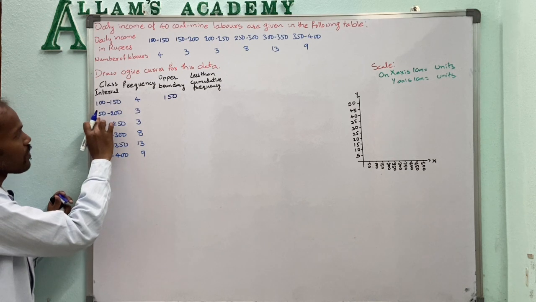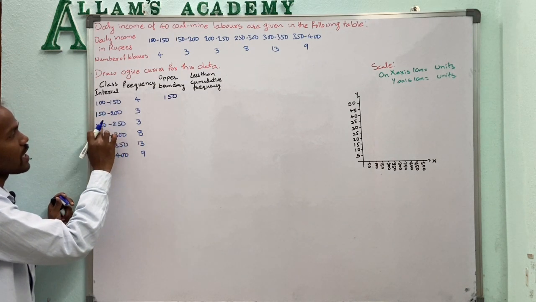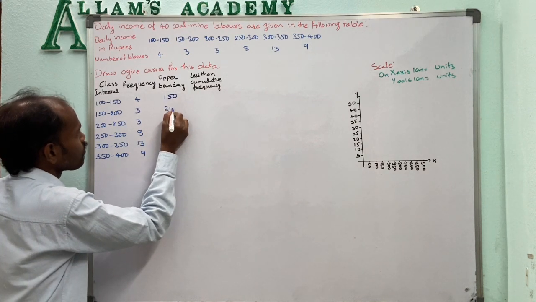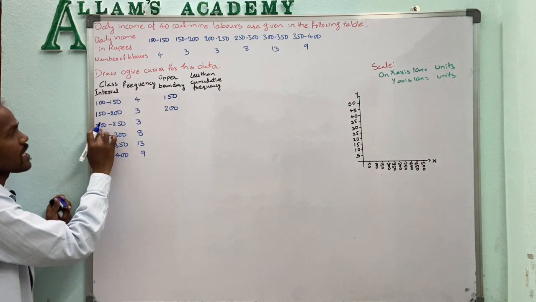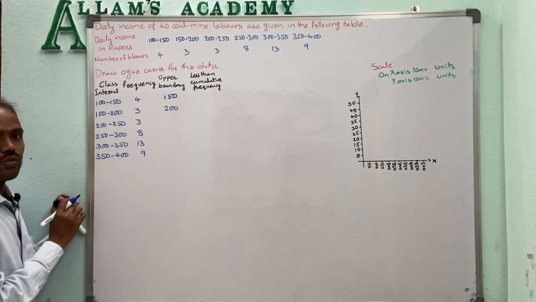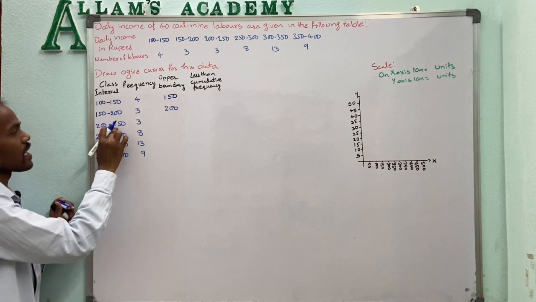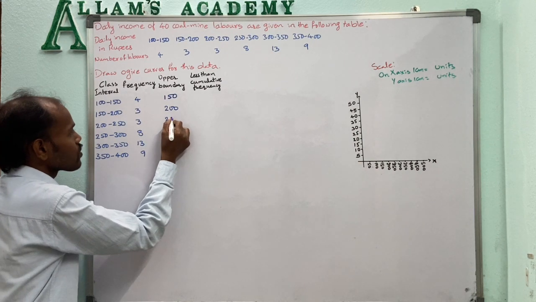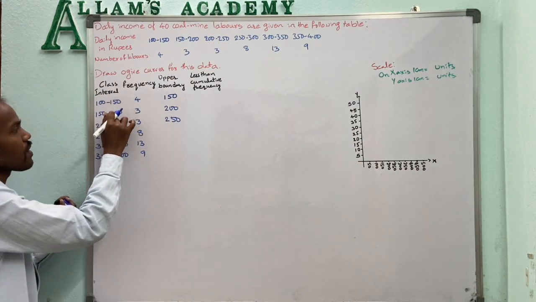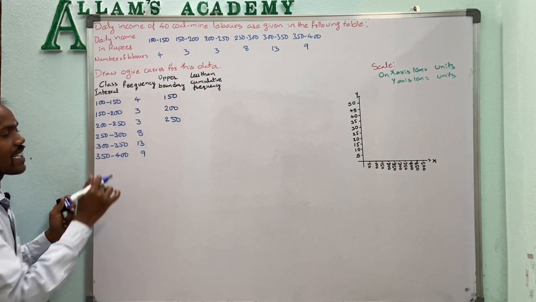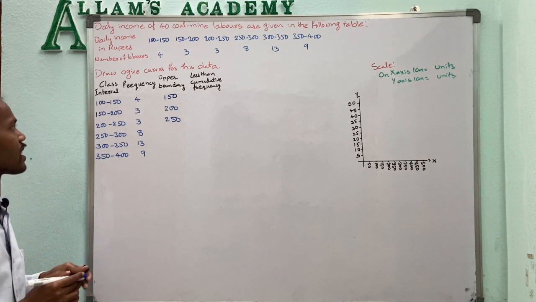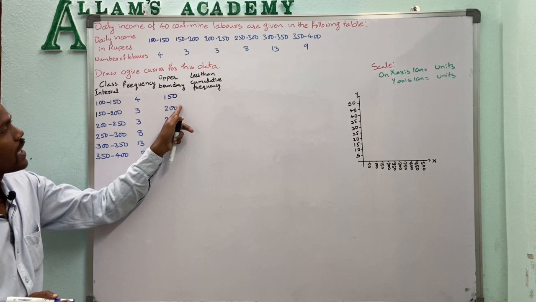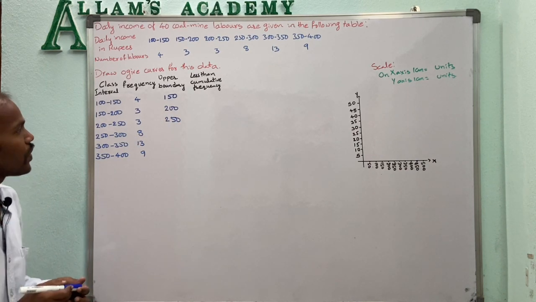Similarly, for 150 to 200 the upper boundary is 200. For 200 to 250 the upper boundary is 250 only. Here, if we observe, the class height is nothing but 50, and we get the difference 50 only.